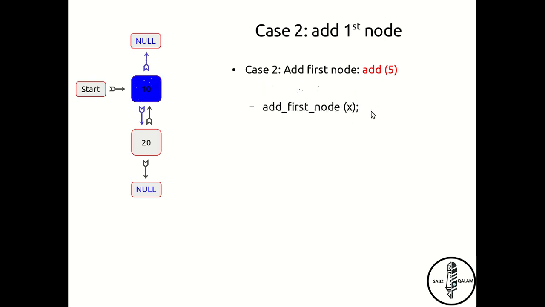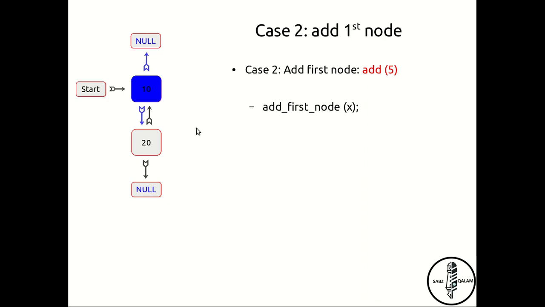Now the add first node x, I've rewritten, notice that I've drawn the first node and colored it with blue, including the previous and the next pointers associated with it. This I've done deliberately so you can have an idea of how these pointers change while we add the first node.